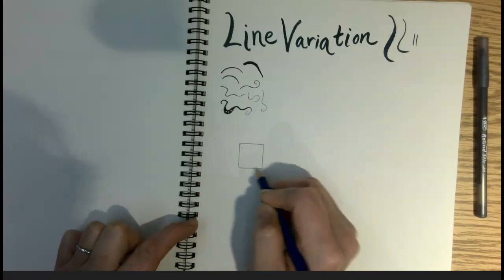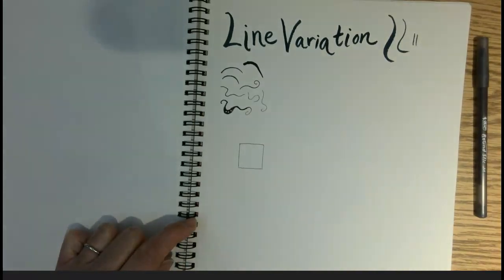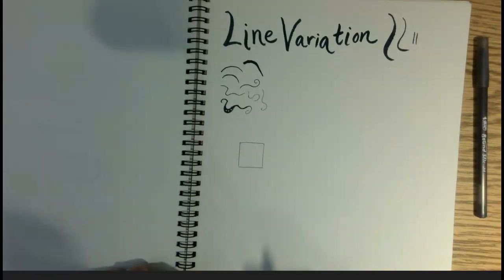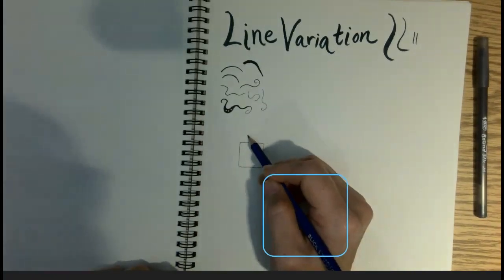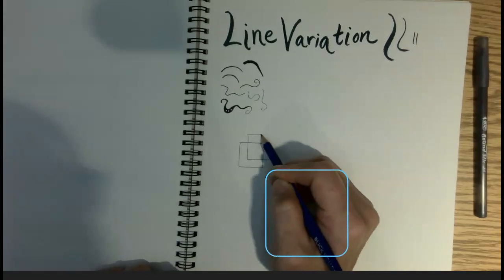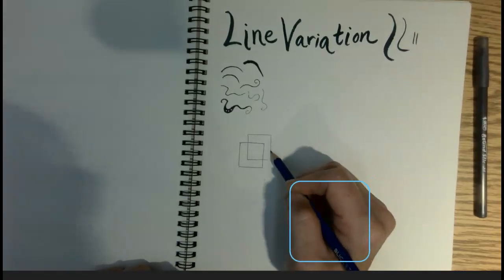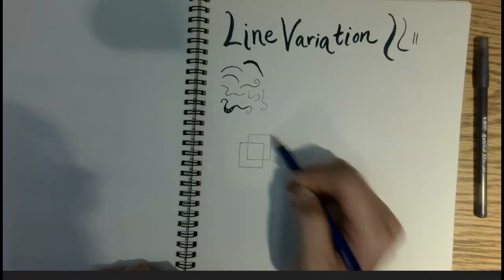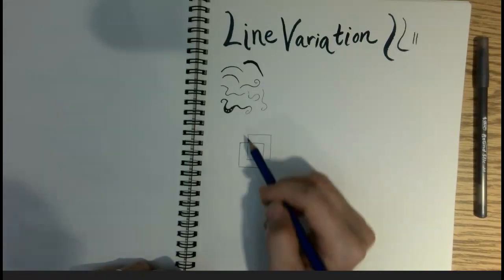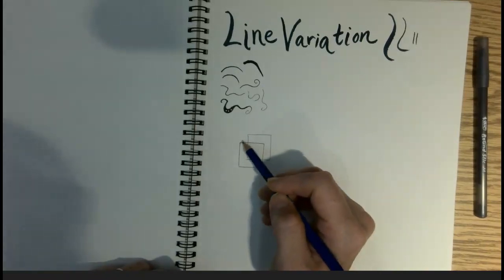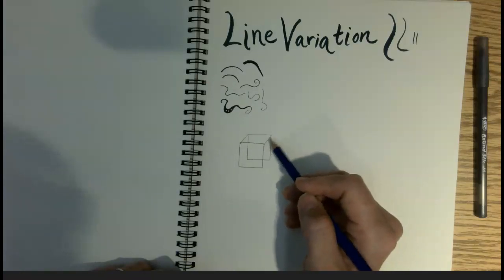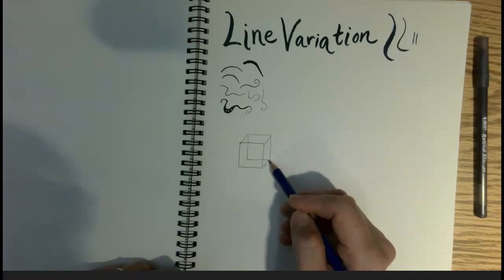So if I'm starting with a square, something like that, and I want to turn that flat square into a cube, I can make another square the same size and shape, a little bit higher up and to the side, and that's going to give us the illusion that it's a little bit farther back in space. And then I'm going to connect the dots for the corners.